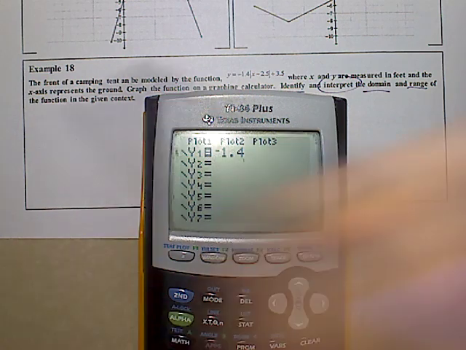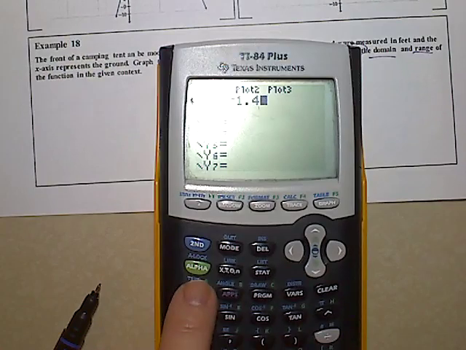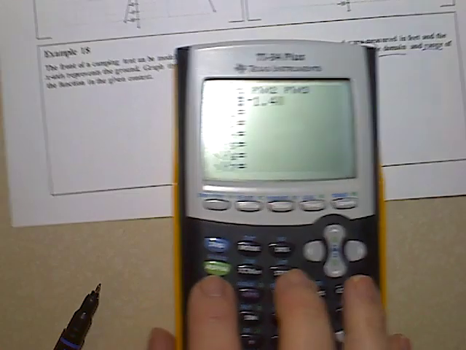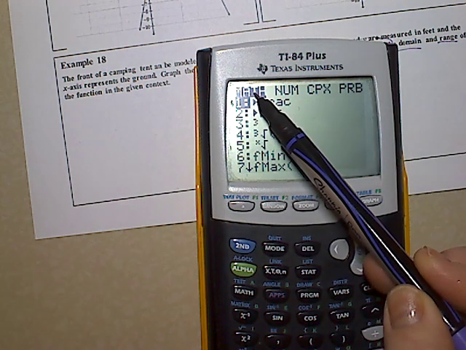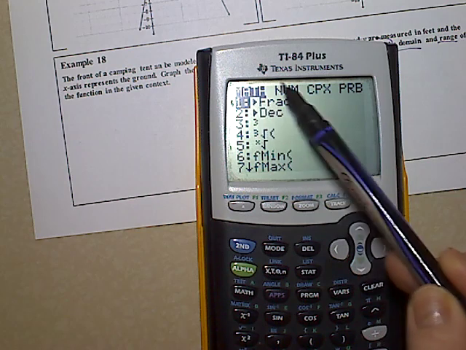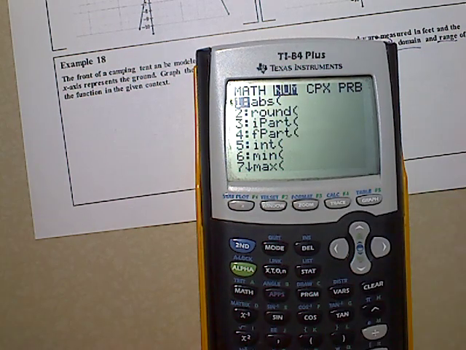Now I need to find the absolute value. So to find that, I'd like you to find the math button on the left-hand side. Hit it one time. We need to move what is currently shaded in black to number. So we're going to use this arrow and go to the right once.